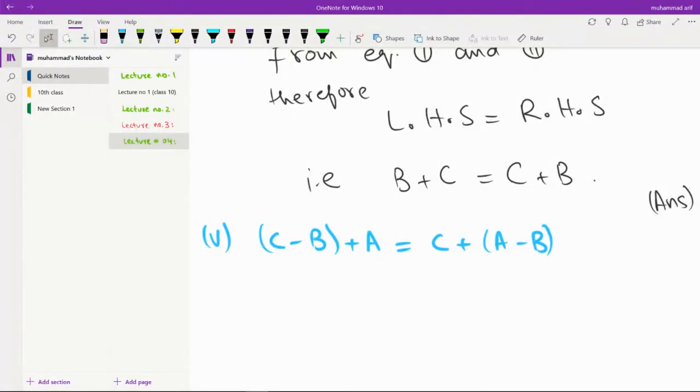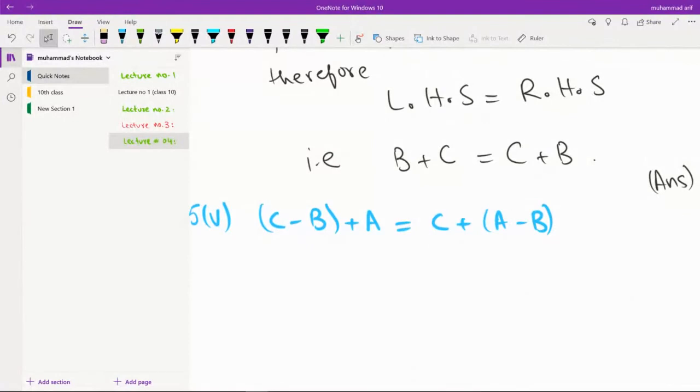Here we are to verify that C minus B plus A is equal to C plus A minus B.